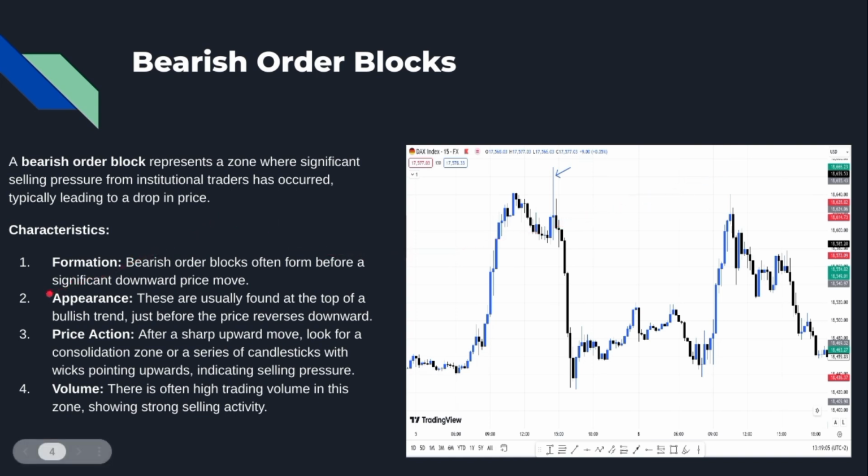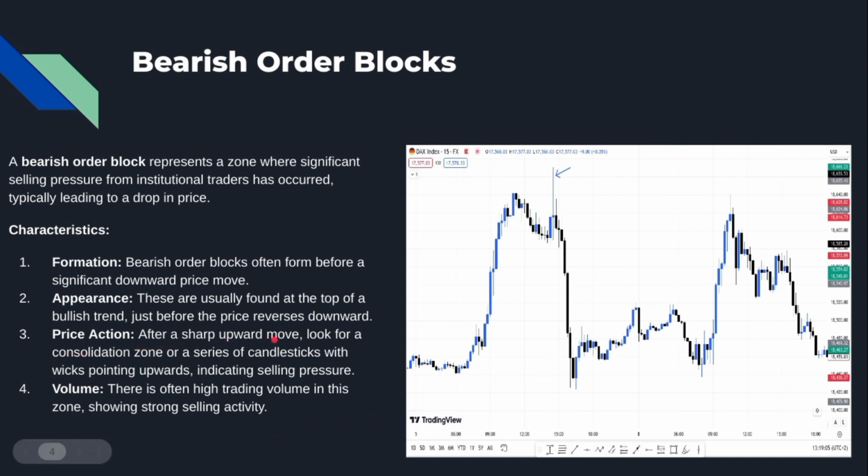Number two, the appearance. These are usually found at the top of a bullish trend just before the price reverses downward. As you can see, right before a sharp move to the downside. Next, number three, price action.